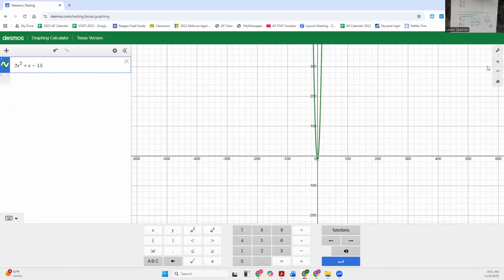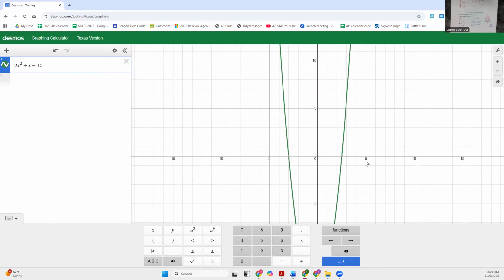Okay. Now, I'm going to need to zoom in a bit. And where do I cross? I crossed at 2.5 and I crossed at negative 30. That's what we found. So I'm going to write down those values. I'm going to write down negative 30 and 2.5.